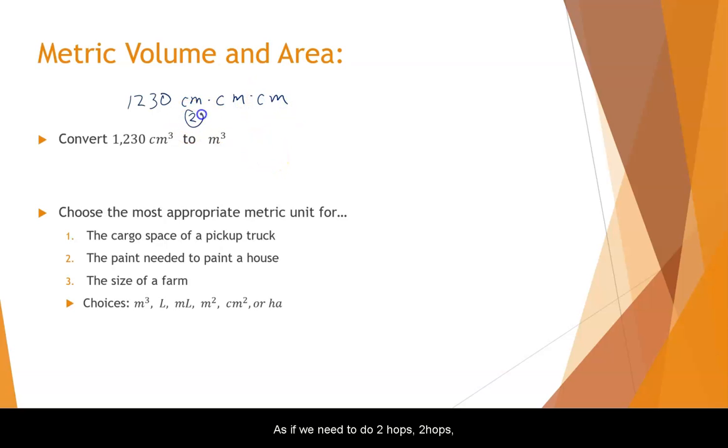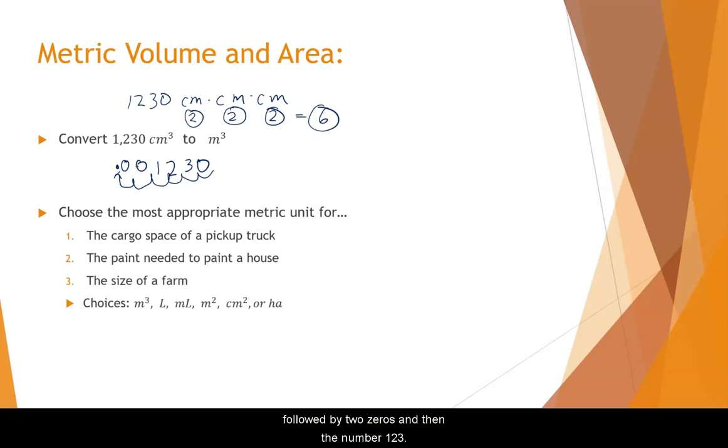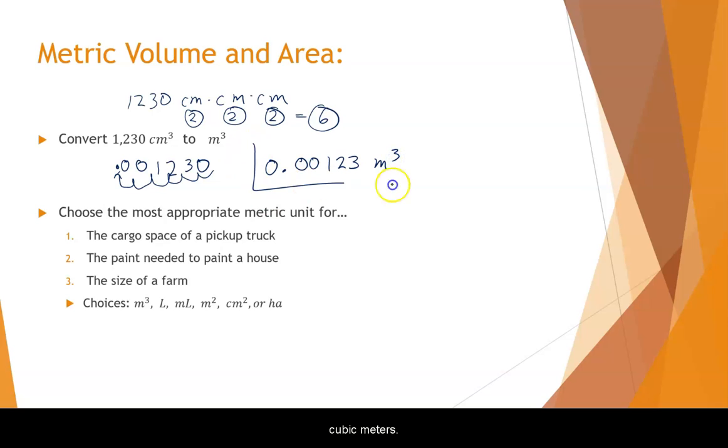So it's as if we need to do 2 hops, 2 hops, 2 hops, for a total of 6 decimal place hops to go from cubic centimeters to cubic meters. So there's 1, 2, 3, 4, 5, 6. Our decimal followed by 2 zeros and then the number 1, 2, 3. So this is equivalent to 0.00123 cubic meters.